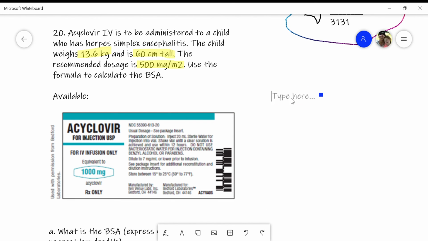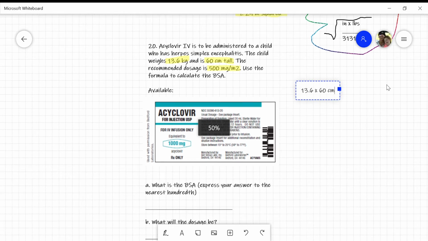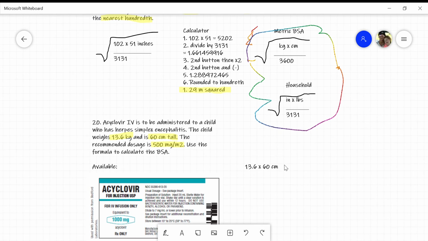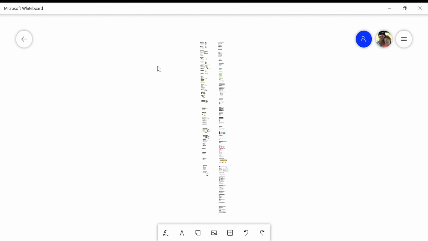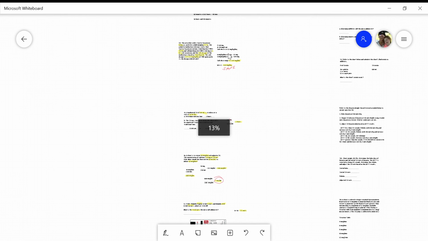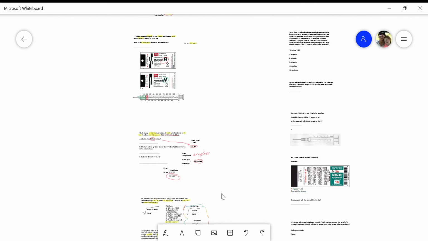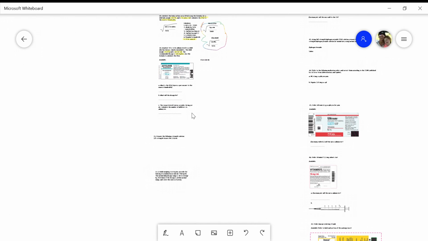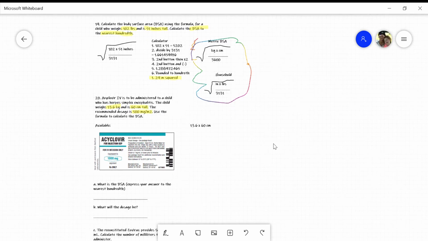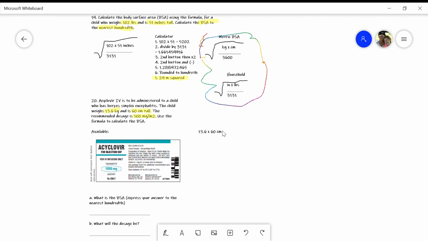So 13.6, and we're going to multiply it by 60 centimeters. I'll zoom out a little bit so you can see all that. Yeah, it took me a good while to type all this. That's part of the reason it took forever to be able to do this.